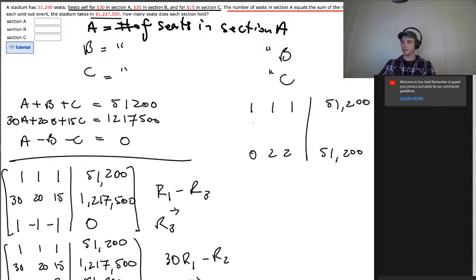And then row 3: 30 times 1 minus 30 is 0. 30 times 1 is 30, minus 20 is 10. 30 times 1 minus 15 is 15. And then this is an unknowable number. So 30 times 51,200 minus 121,700 is 318,500.